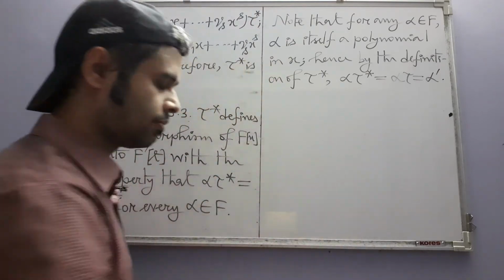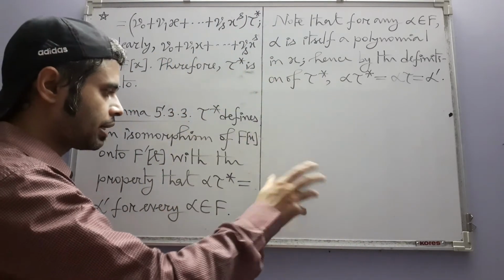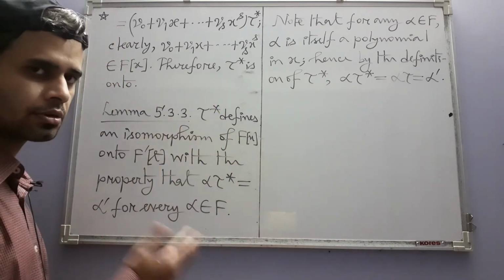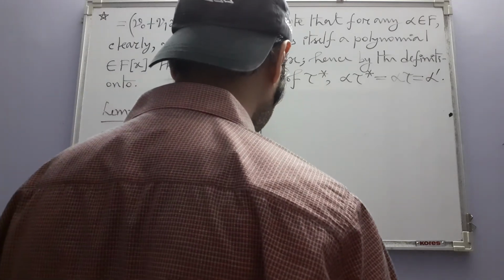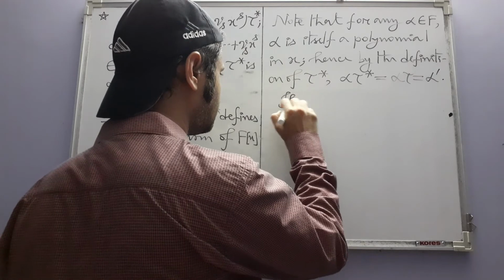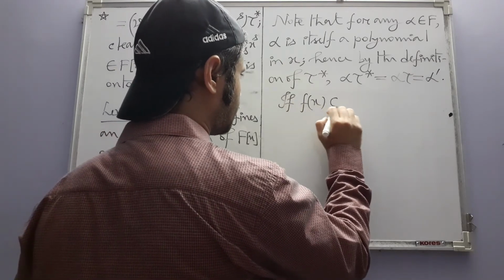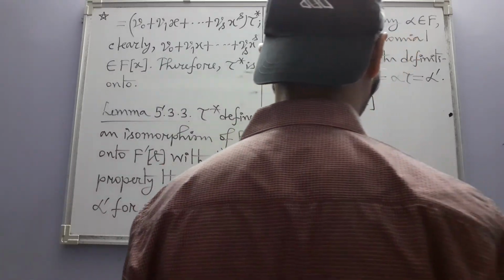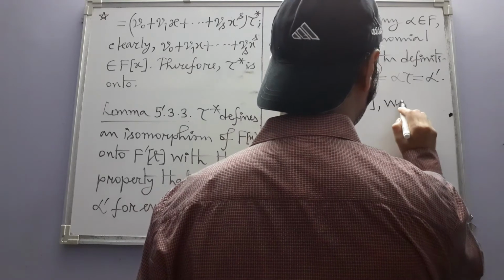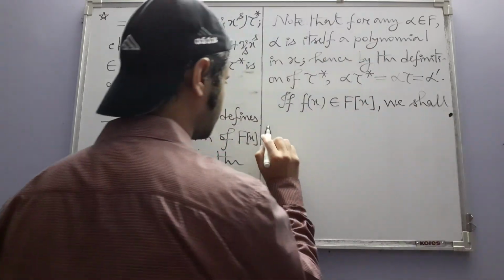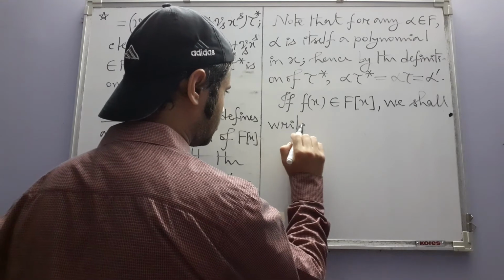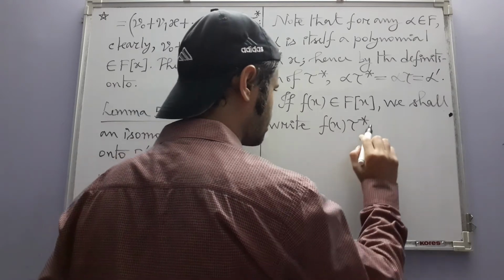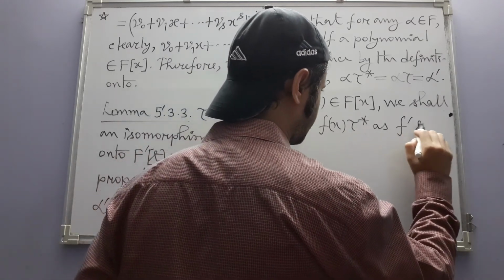On our journey towards that final result that we mentioned in the beginning of this video, this is one result, and there are others also. If f(x) belongs to the first polynomial ring, we shall write the image of f(x) under tau star as f prime(t).